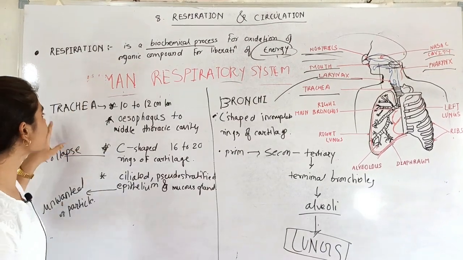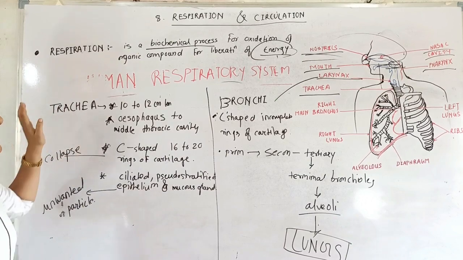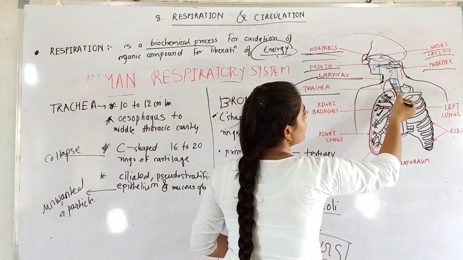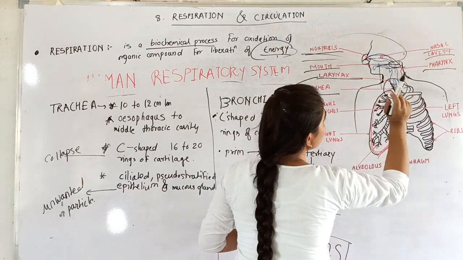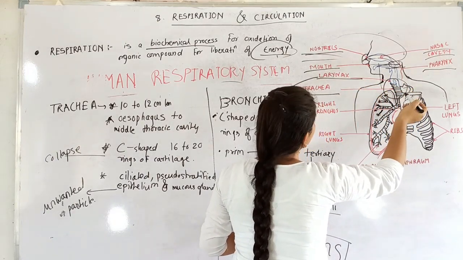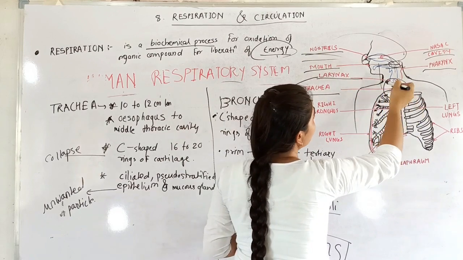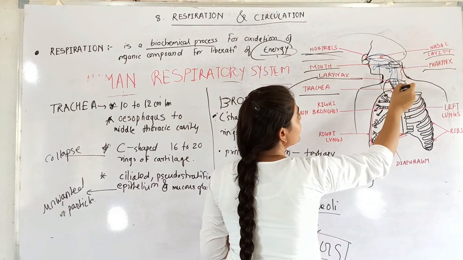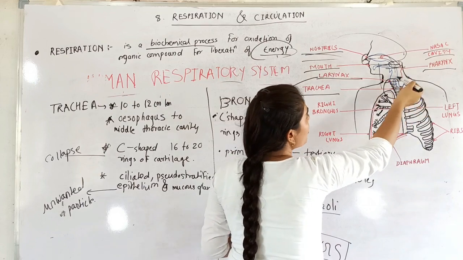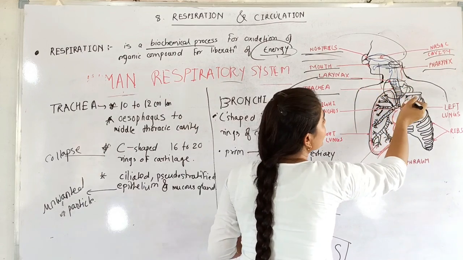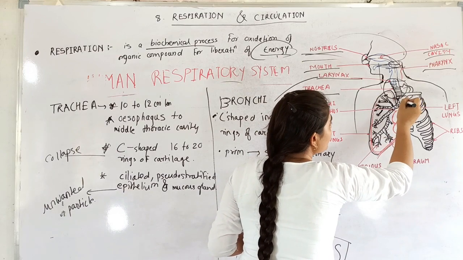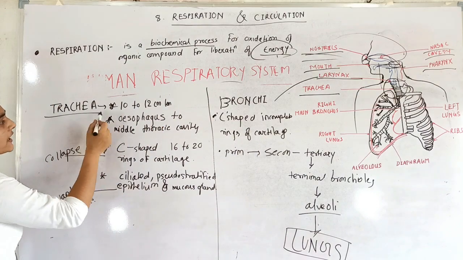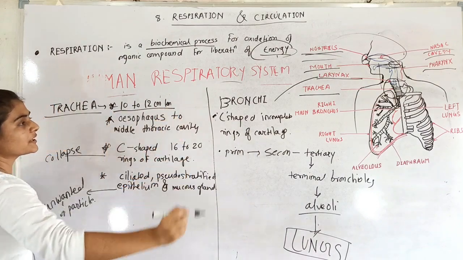So now we are going to study the trachea, which is the next part of our human respiratory system. The trachea is this portion, which starts from the end point of the larynx, and it is linked with the esophagus, and it ends by entering the lungs. The trachea is 10 to 12 centimeters in length.